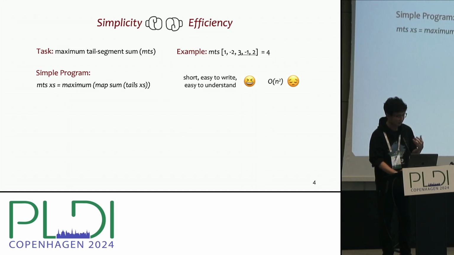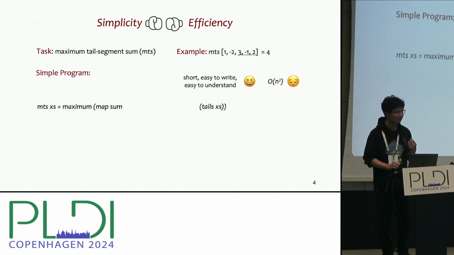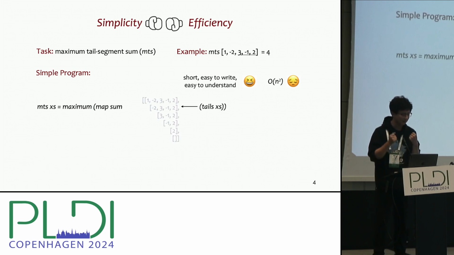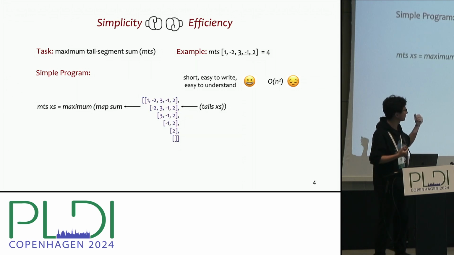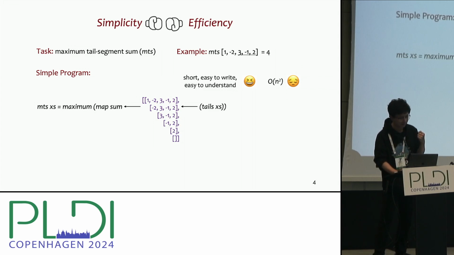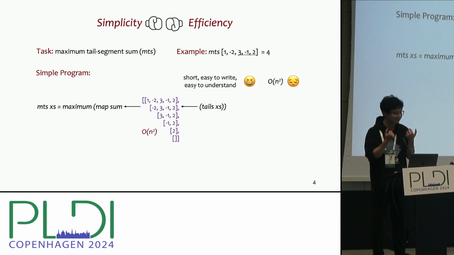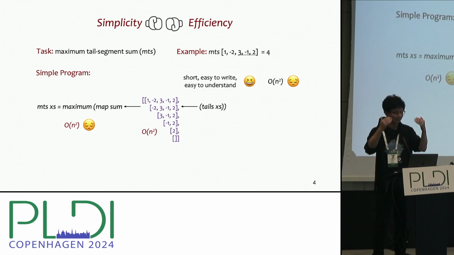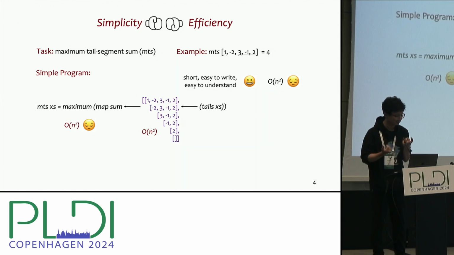So if we analyze this program, we can find that this inefficiency is in fact caused by the huge intermediate data structure constructed by this tails function. The size of this data structure is already quadratic, making the subsequent calculation at least quadratic, because we have to scan over this whole intermediate data structure.